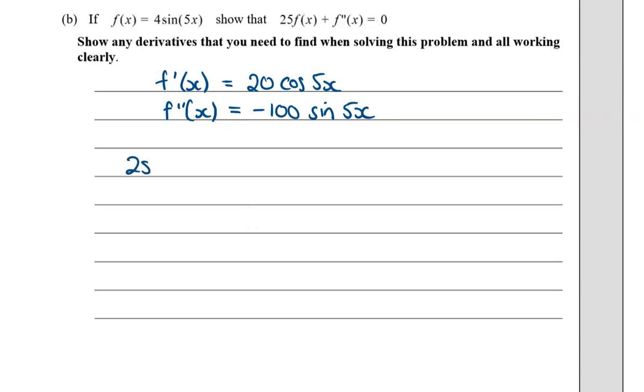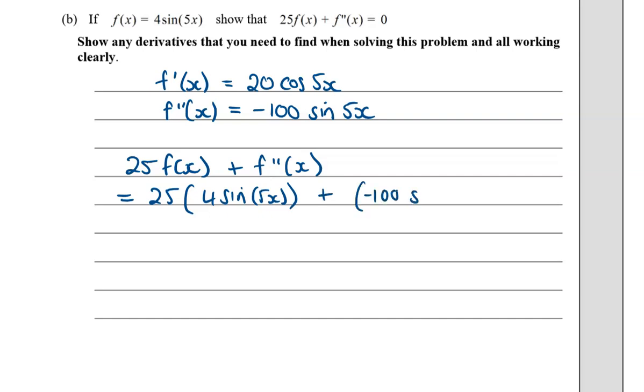So then 25 f of x plus f double dash of x becomes 25 times the original, which was 4 sine 5x, plus minus 100 sine 5x. So that is 100 sine 5x minus 100 sine 5x, which equals 0.